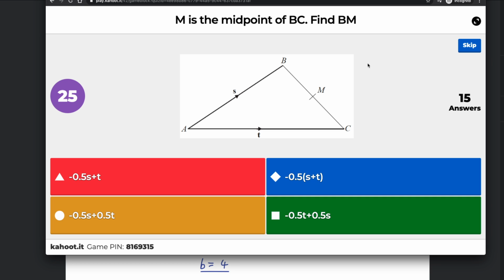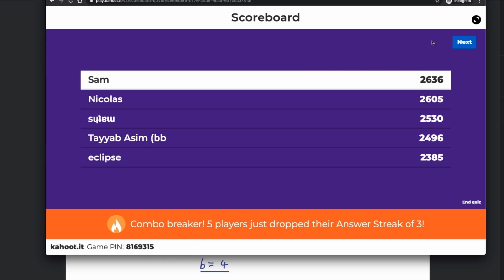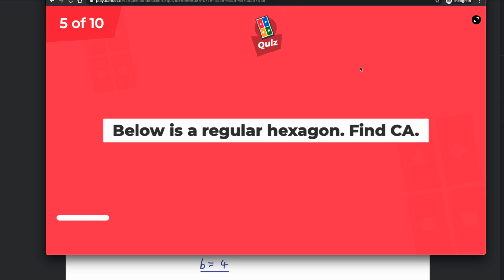All the answers are so similar, kind of makes it a bit tricky. I'll give the full time for this one. Oh, everyone's answered. Awesome. Well done to the 7 that got that correct. So it was negative S plus T. So half of that. Half of each one. Sam is still in the lead. Can somebody catch Sam? That's the question. Nicholas is hot on his heels.